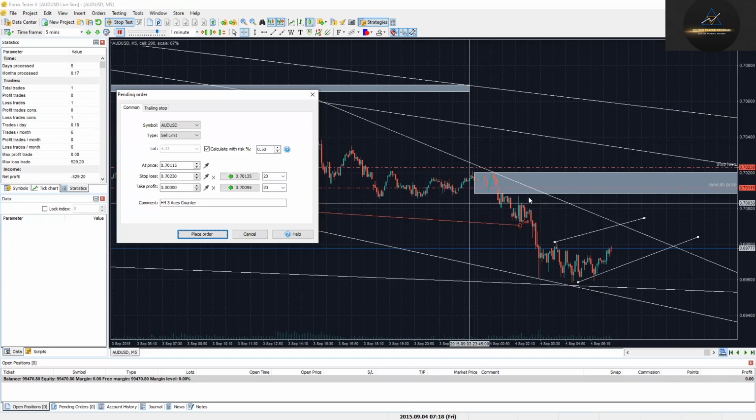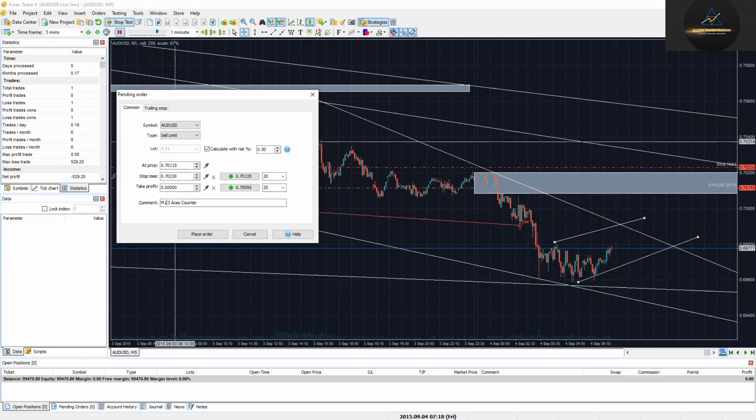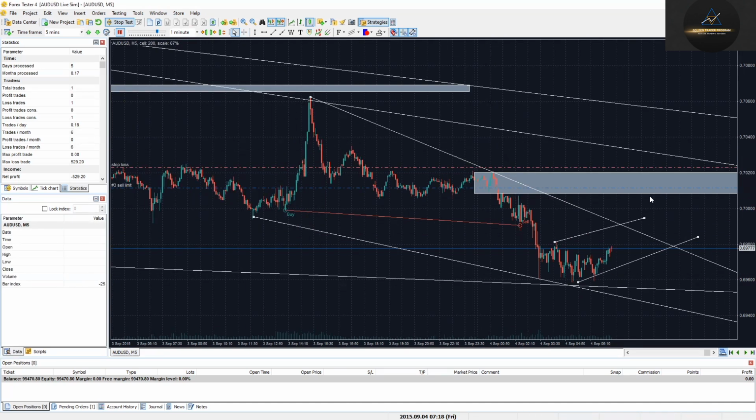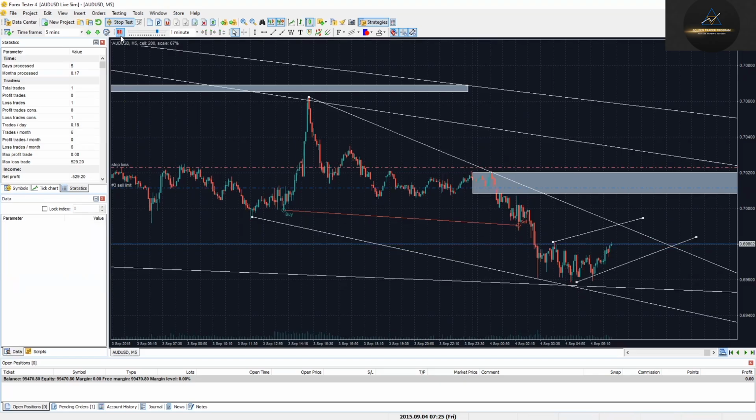Here we go. And this one is a M15 boomerang. Half risk. Then I'll do full risk should we get a confirmation. Okay, let's see how this plays out.